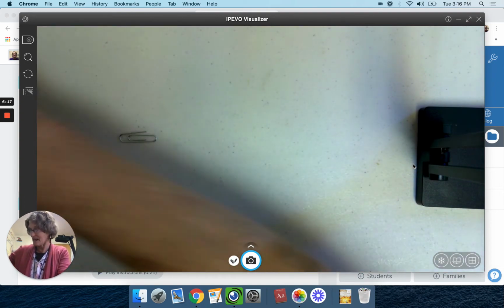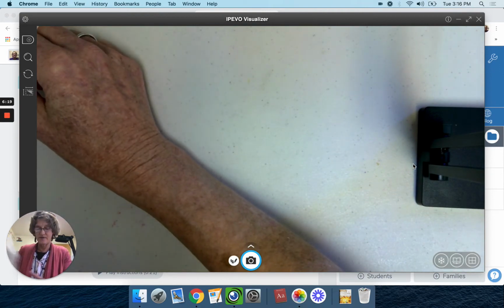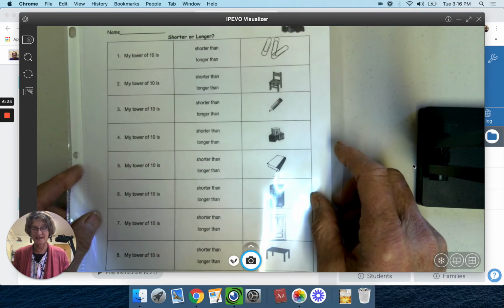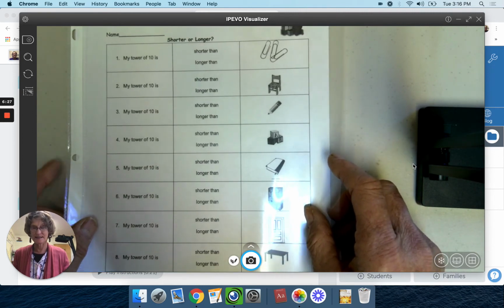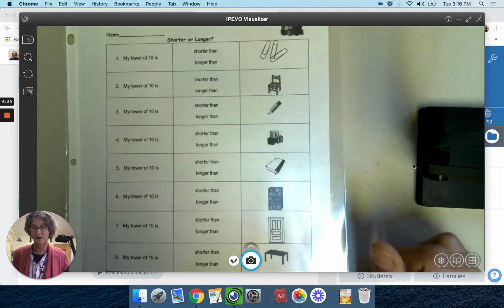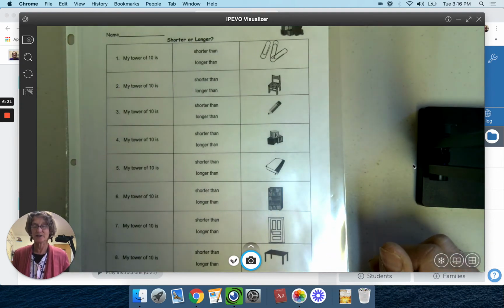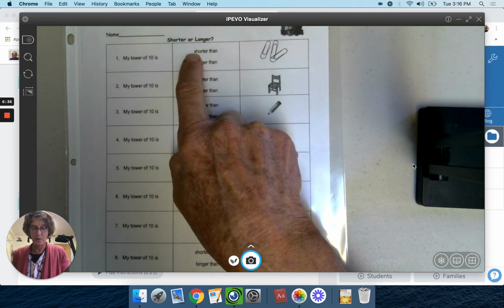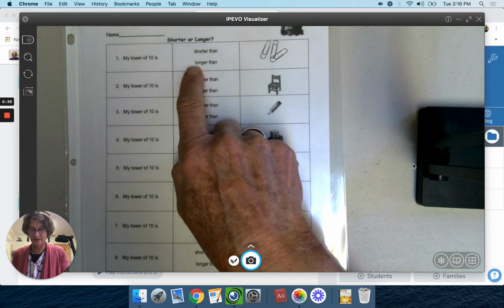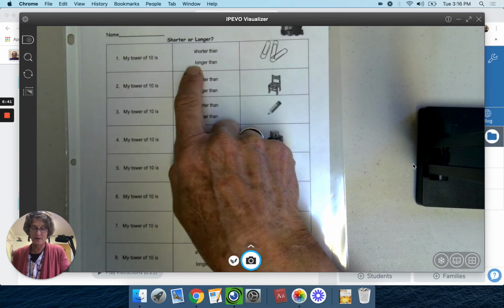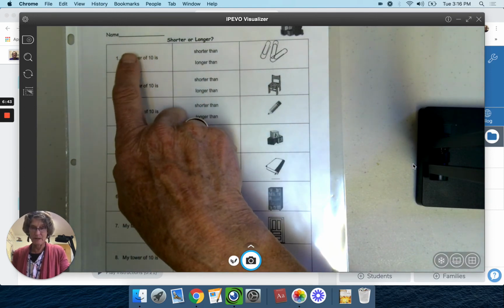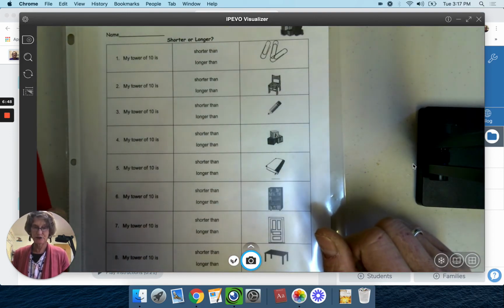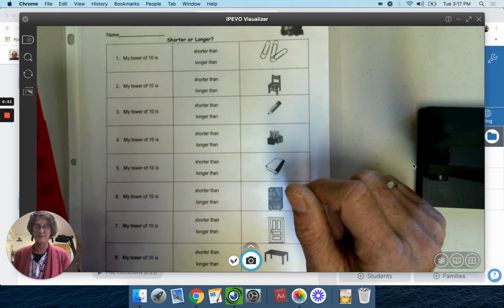So today you have this paper to show me that you understand using the Tower of 10 to compare if it is shorter or longer. So, number 1, my Tower of 10 is shorter or longer than the paper clip.